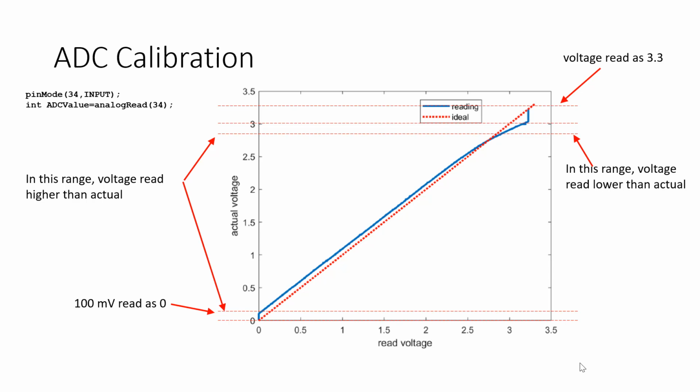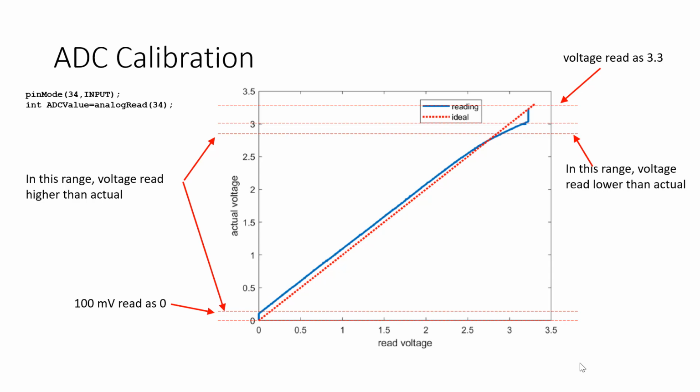So this blue line is the voltage that we are reading, right? And this blue line goes straight up. It stays on the vertical axis from 0 until 100 millivolts, which means that any input voltage less than 100 millivolts will be interpreted as 0 volts by the ADC.